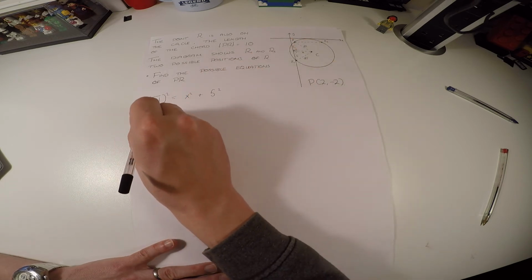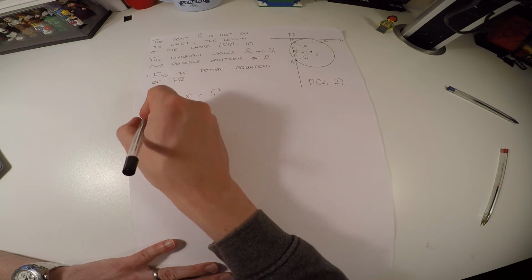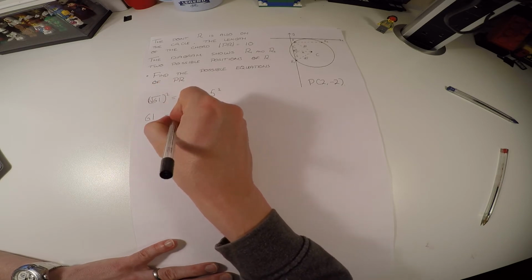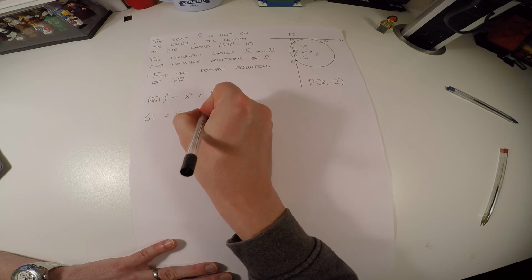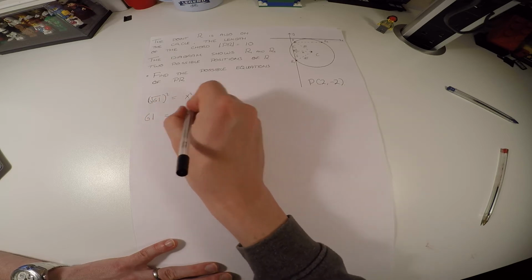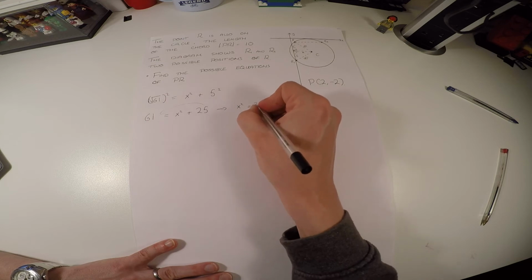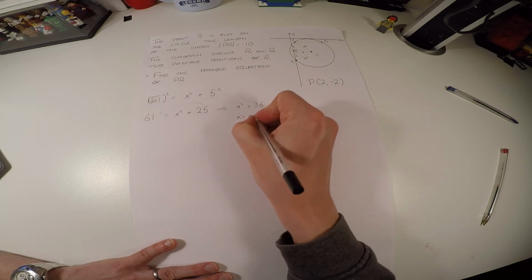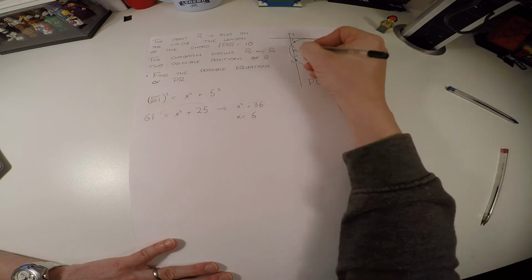Root 61 squared is 61, so 61 equals x squared plus 25. That tells us x squared is equal to 61 minus 25, which is 36, therefore x is equal to 6. So we have this little distance in here of 6.